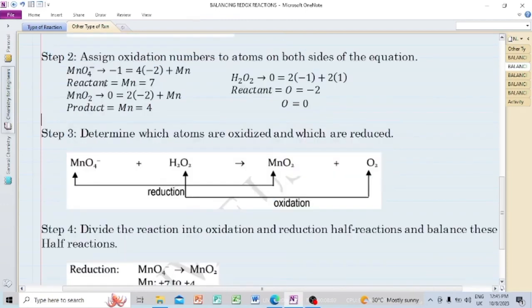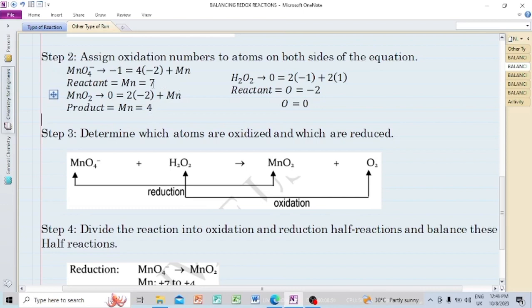After determining the oxidation numbers, we will determine which atom is oxidized and which is reduced. For MnO4 and MnO2, the oxidation number goes from 7 to 4.